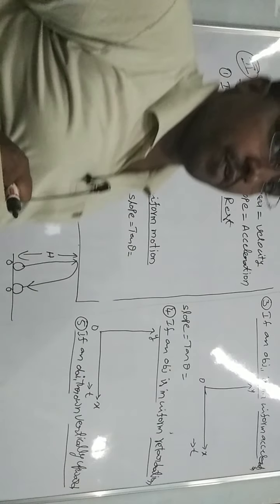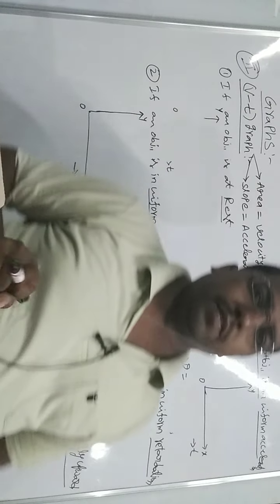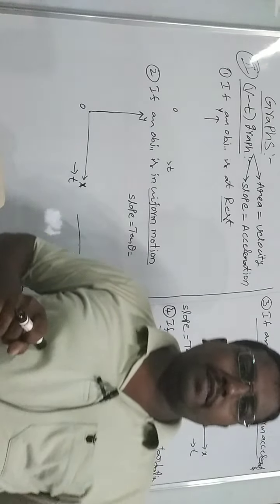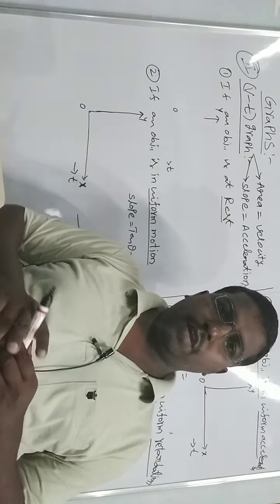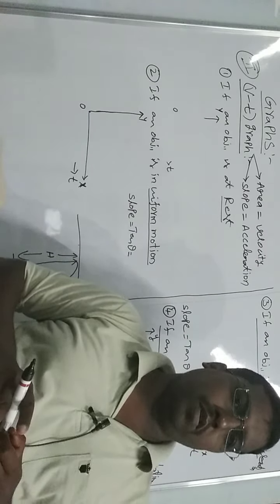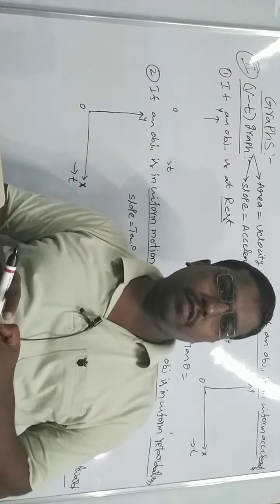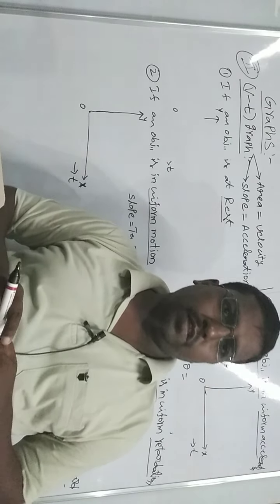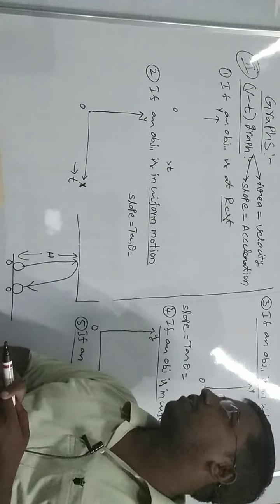These are two important points. Area under the VT graph gives velocity, slope of the VT graph gives acceleration. That will be discussed next.